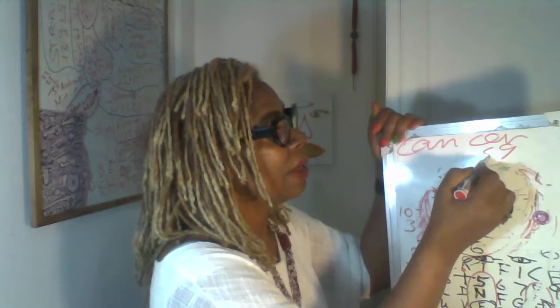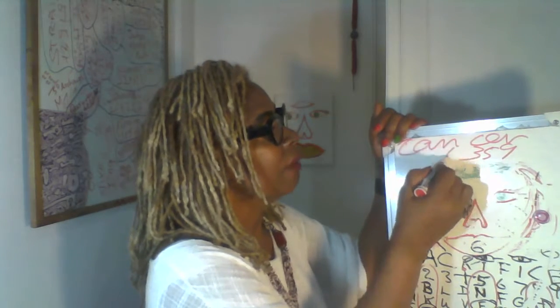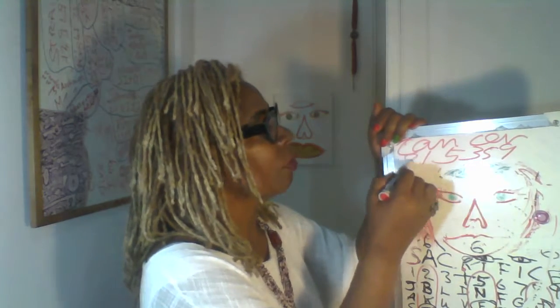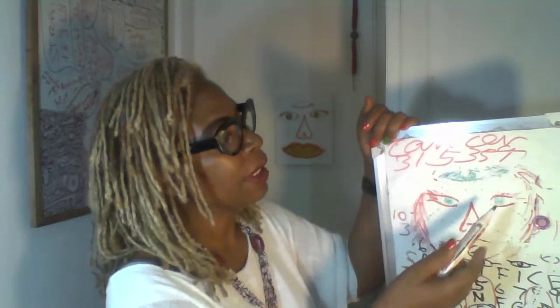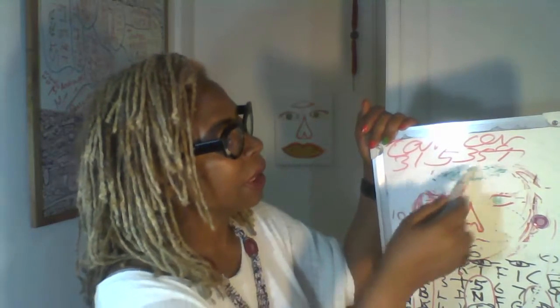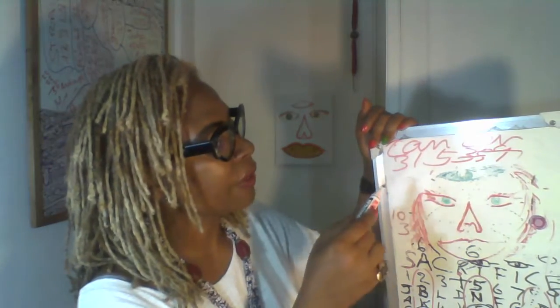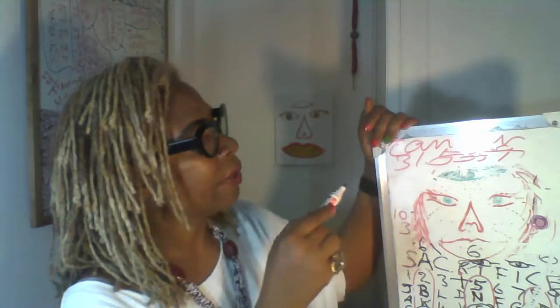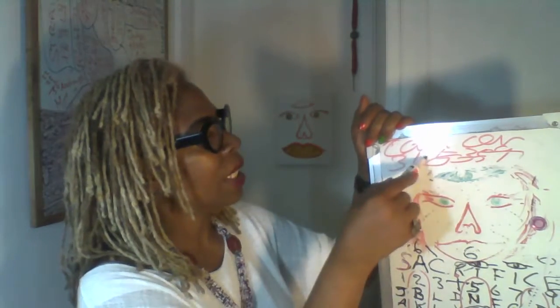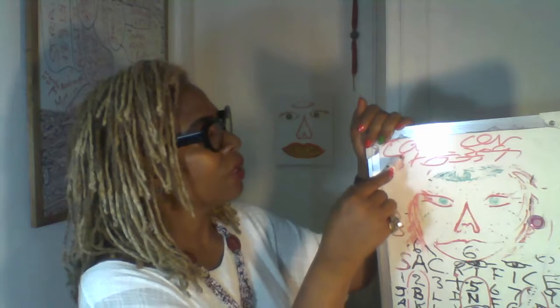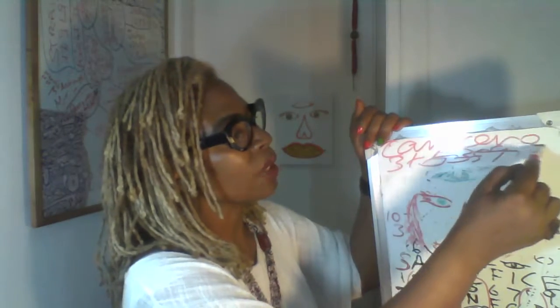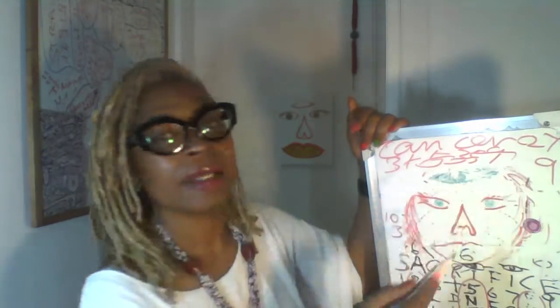Okay, so 9, 5, 3, 5, 1, 3. Okay, 5 and 9, 14, and 3, 17, 18, 19, 23, 24, 25, 26, 27. So 27 gives us 9.